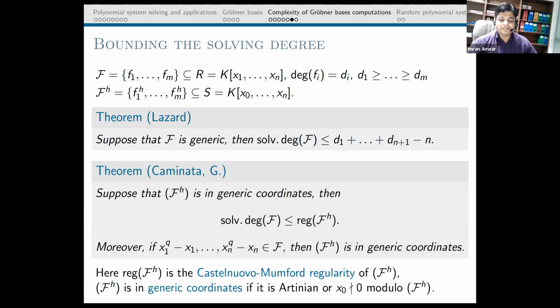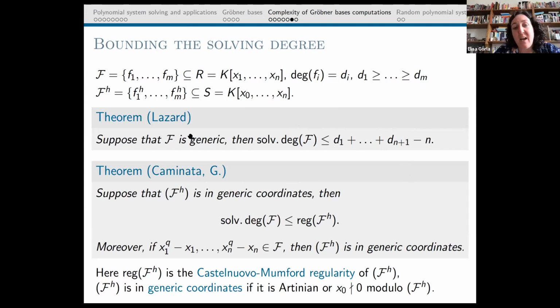What about ideals with very nice properties, like the complete intersection property? Yes, for a complete intersection this will be the case. The right-hand side is the regularity of a complete intersection of degrees d1, ..., dn minus 1.